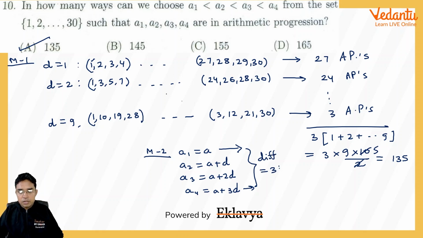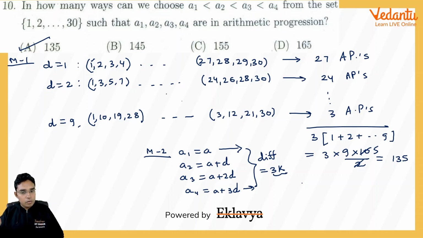The difference is 3k. So what I am claiming now is that if you take any two numbers such that their difference is 3 or a multiple of 3, the remaining numbers we will be able to fit in.